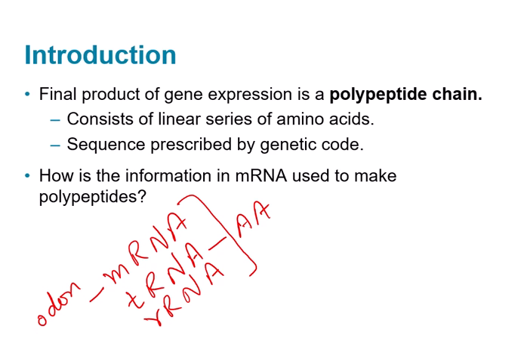And ribosomal RNA is the part of the machinery that makes the proteins, that reads the code on messenger RNA and uses that to incorporate amino acids. In the case of prokaryotes and eukaryotes, there are some differences, and the differences are not in the process.